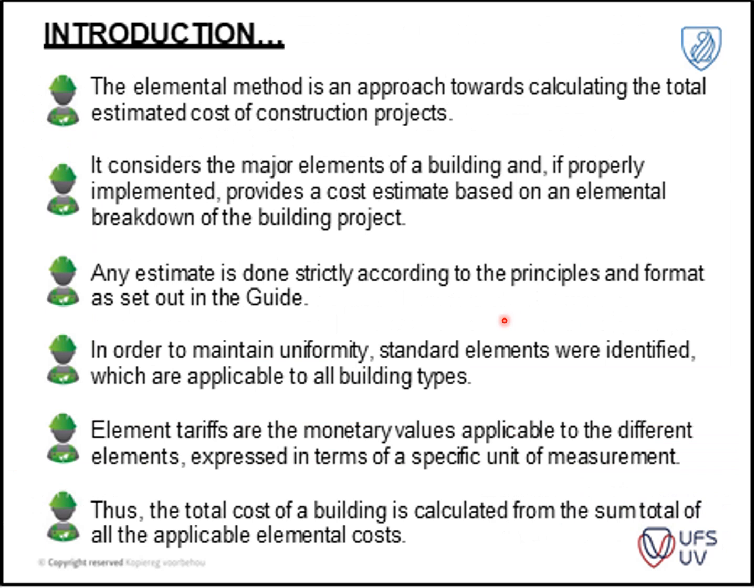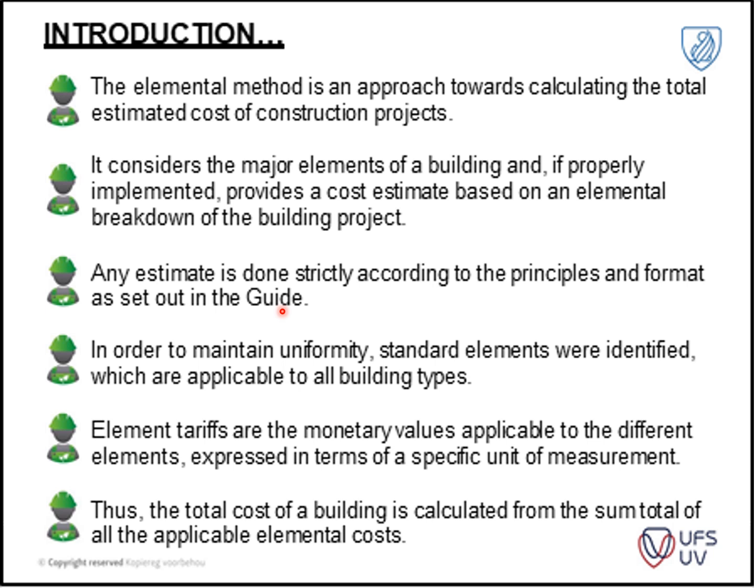So looking at some other items that we just need to consider, the elemental method is an approach towards calculating the total estimated cost of the construction project, obviously taking into consideration the major elements of a building, and if properly implemented provides a cost estimate based on the elemental breakdown of the project.